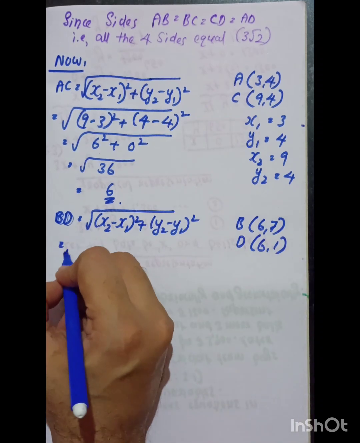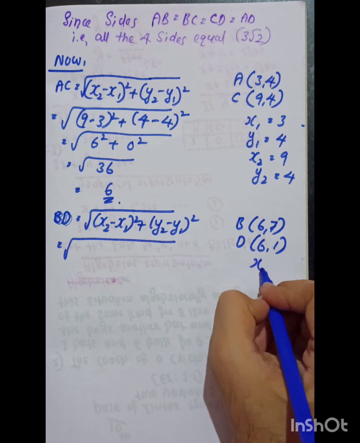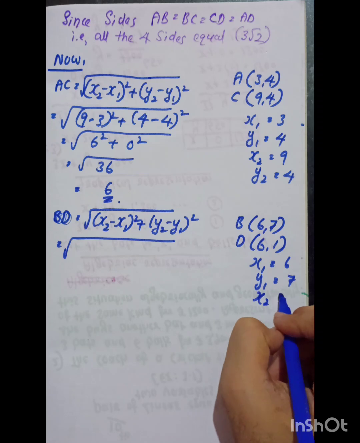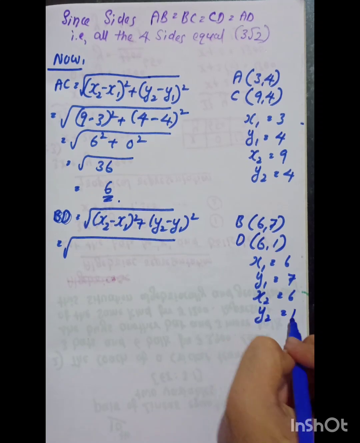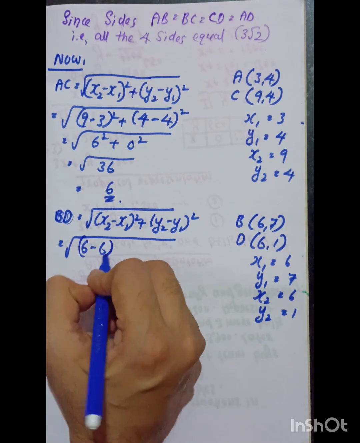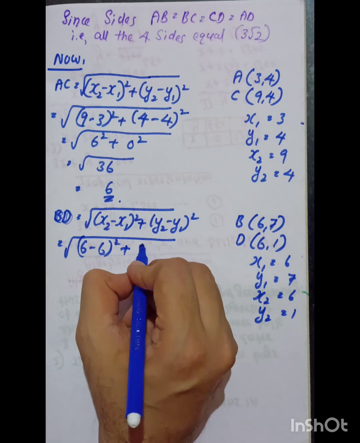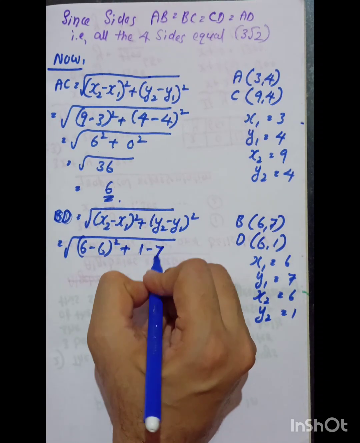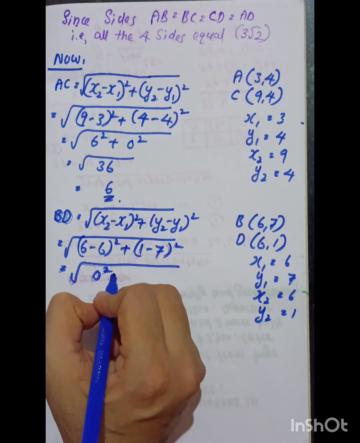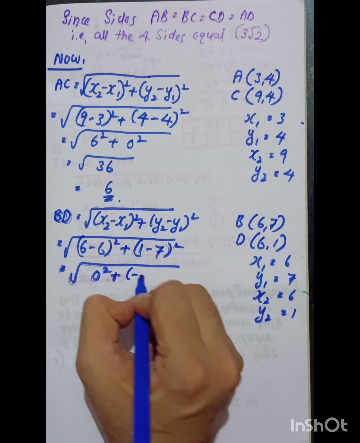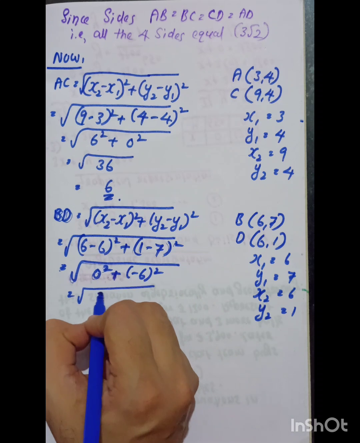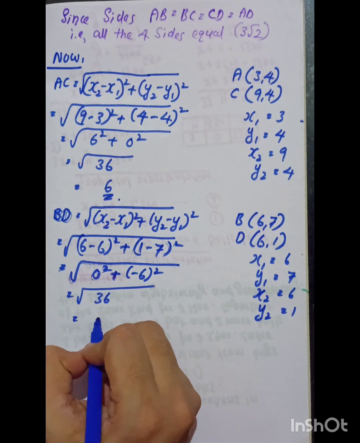Let's try. x1 is 6, y1 is 7, x2 is 6, y2 is 1. 6 minus 6, that is 0 square, and 1 minus 7, that is minus 6 whole square. Ignore 0, minus 6 into minus 6 is 36. If we remove that, we get 6.